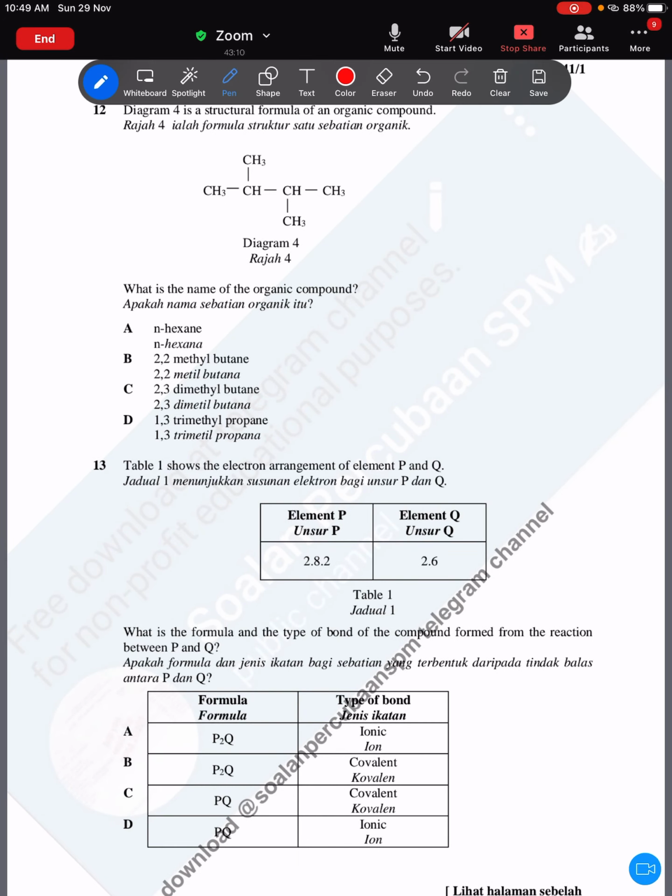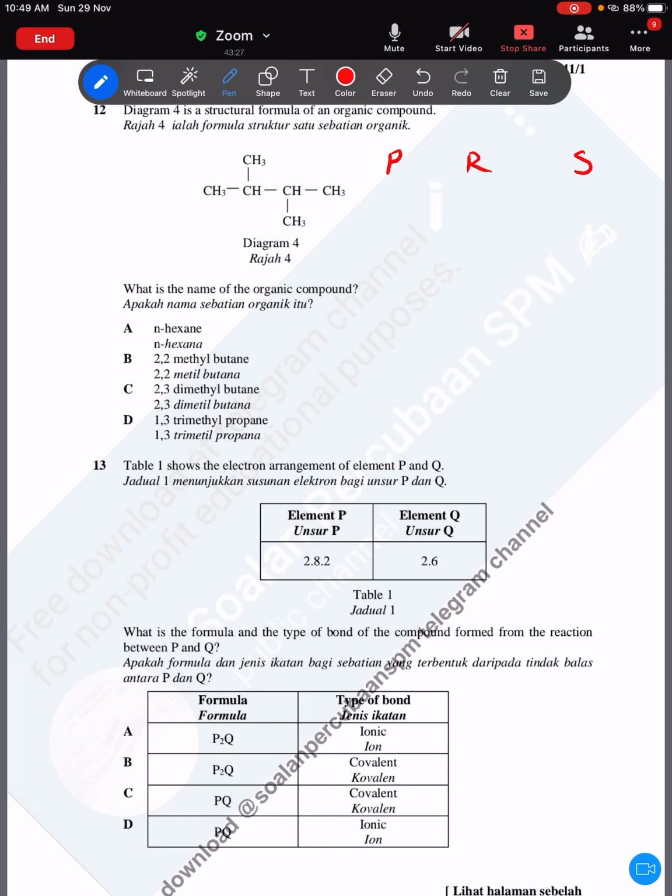Diagram 4 is the structural formula of an organic compound. Naming. Do you still remember the PRS that I taught you? And this belongs to whom?